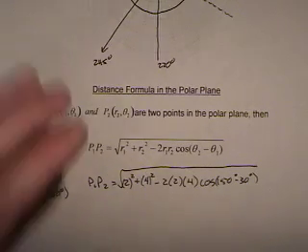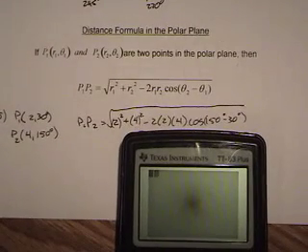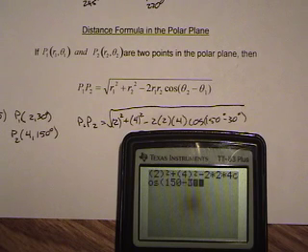Alright. So let's actually see what that would look like. So I'll have a 2 squared. Oops. Put in parentheses plus 4 squared minus 2 times 4 cosine 150 minus 30.